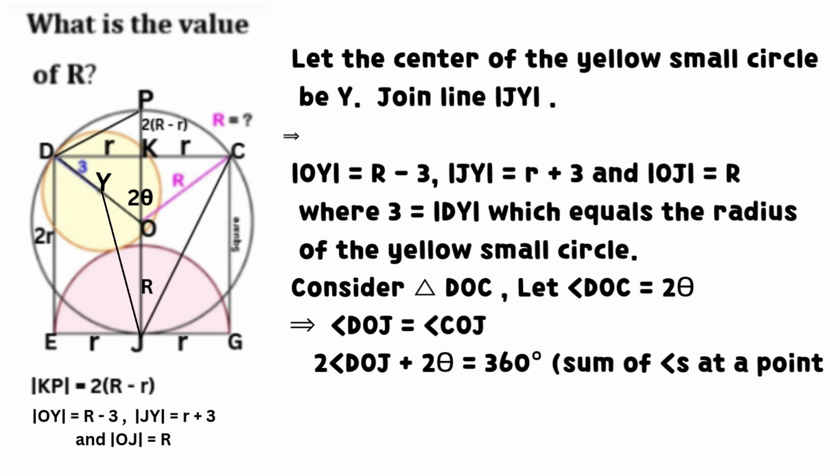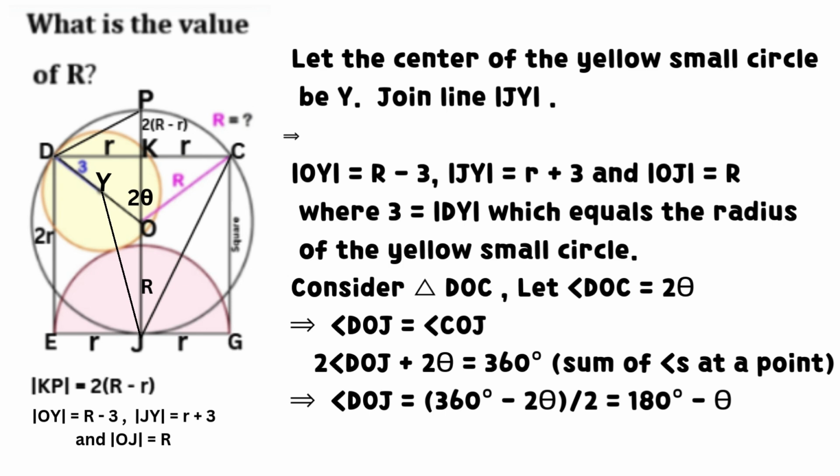This implies that angle DOJ equals angle COJ. But 2 times angle DOJ plus 2 times theta equals 360 degrees, because the sum of angles at a point equals 360 degrees. This implies that angle DOJ equals 360 degrees minus 2 times theta, all divided by 2, which equals 180 degrees minus theta.